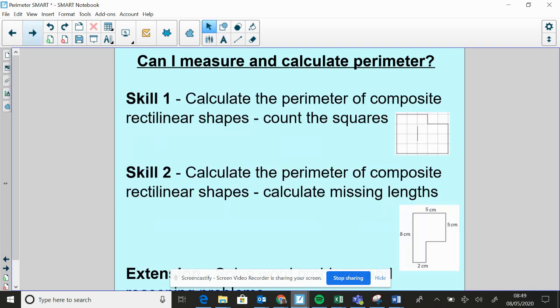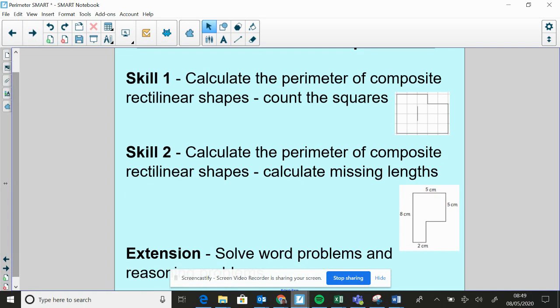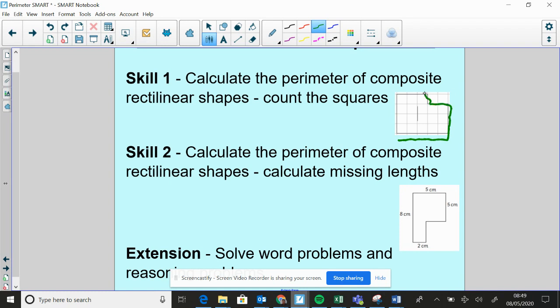Okay, guys, so I'm just going to introduce the skills for you now. Skill 1 is calculating the perimeter of composite rectilinear shapes. Shapes that are made from rectangles, basically. But in this example, they're drawn on square paper, so you can just count the number of squares that goes the whole way around the shape.